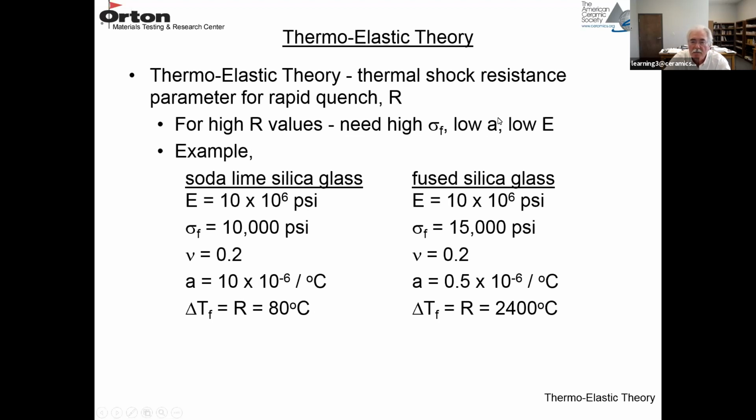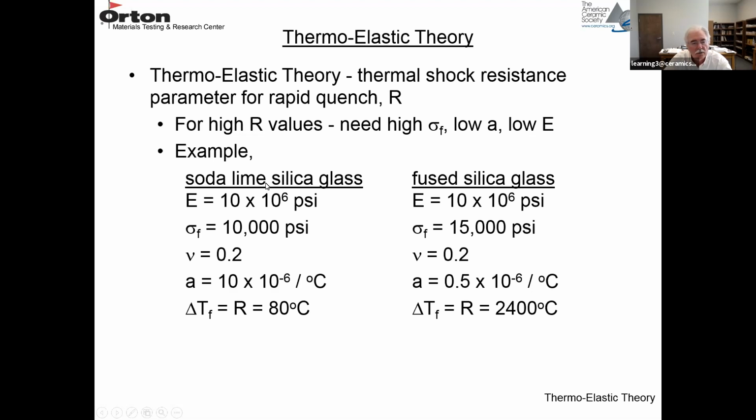Unfortunately, for most ceramic materials, the thermal expansion coefficient is not low enough to give a really high delta T. If you have a high strength material, that generally follows that the modulus is going to be high also. So that's a little bit of a problem here. Every time you have a high strength material, you're not going to have a low elastic modulus.